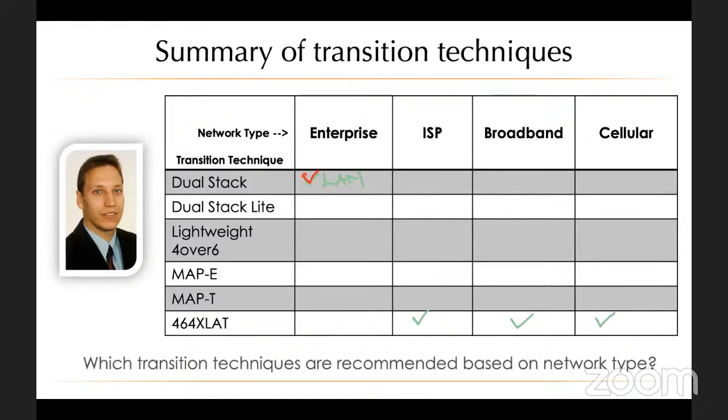But today, this is less and less common because most companies are using cloud services or data centers to host their services. So normally, if you are an ISP providing service to residential and corporate, you will be able to work perfectly with 464XLAT for all the customers, whether they are enterprise or residential.